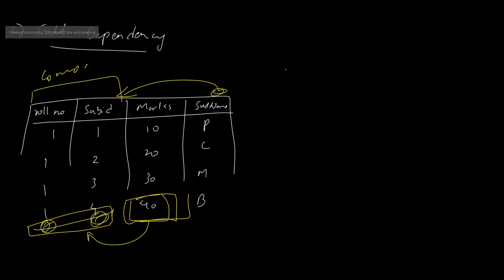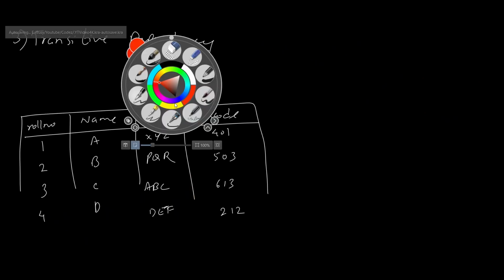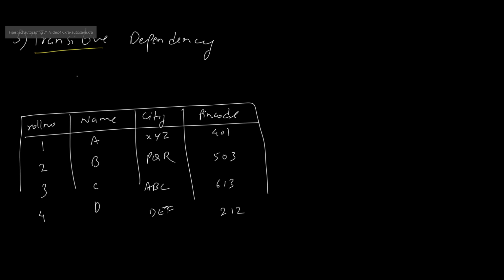So our marks attribute is completely dependent on this whole key, which means it is fully dependent, and this is called full dependency, or full functional dependency if you want to call it.